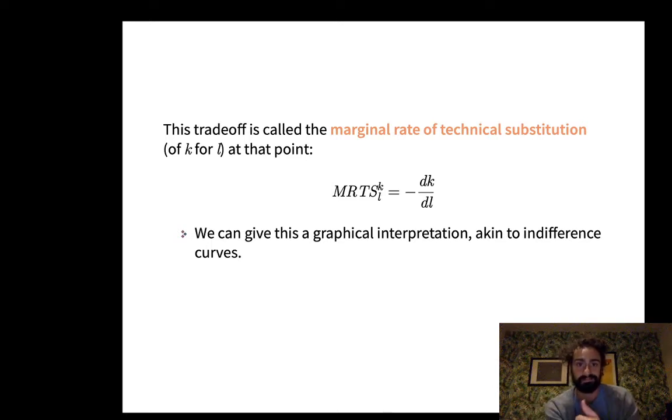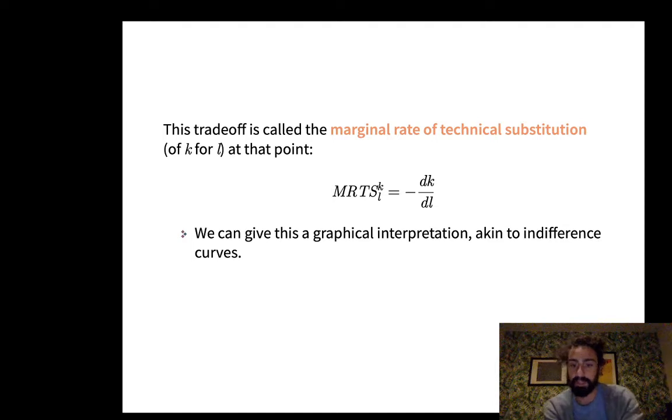Iso means same or one, like isotone or isometric, or probably other examples. And quant means quantity, so an isoquant is the line of constant output. And if we're staying along that, we could look at the derivative of K with respect to L. Along that, that's the slope of the isoquant.